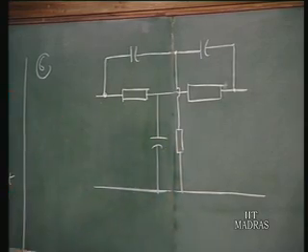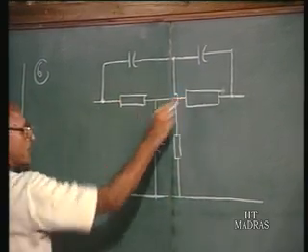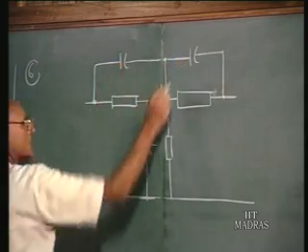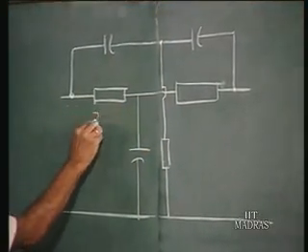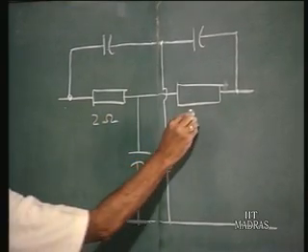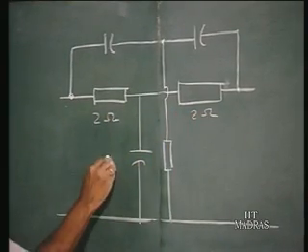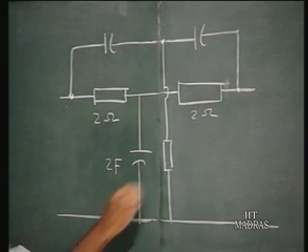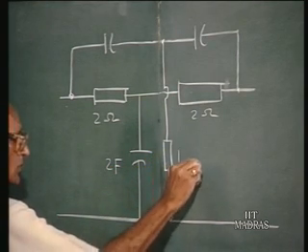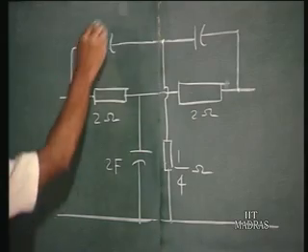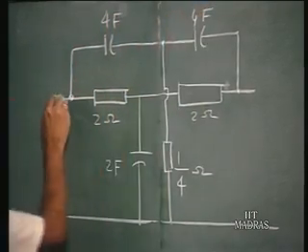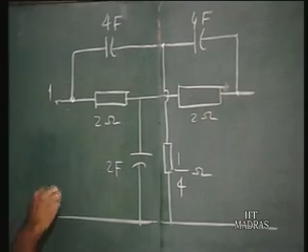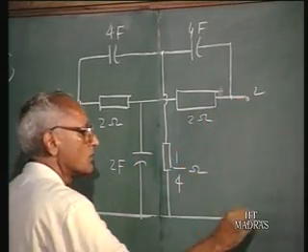So you have two T networks, these three elements constitute a T, these three elements constitute a T, and two T networks are put in parallel. This is 2 ohms, this is also 2 ohms, this has a 2 farad capacitor, 1/4 ohm resistor, 4 farad capacitor and 4 farad capacitor. So, this is the overall 2 port.